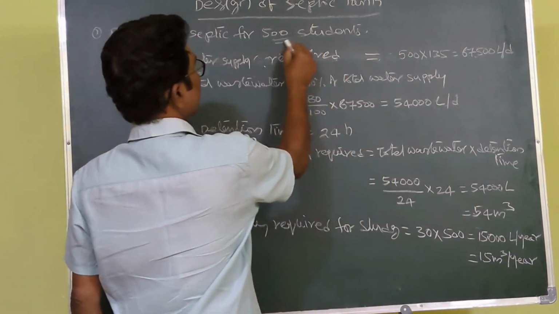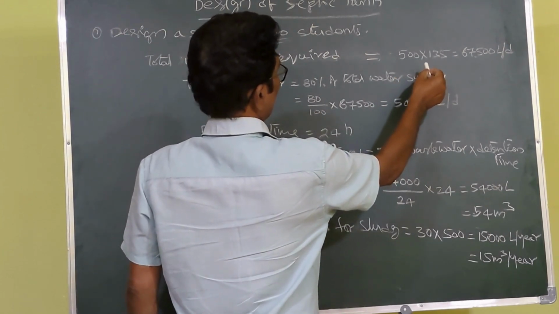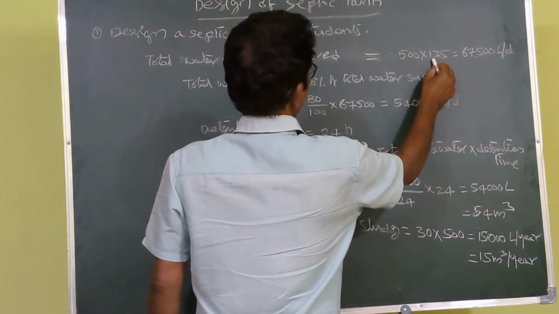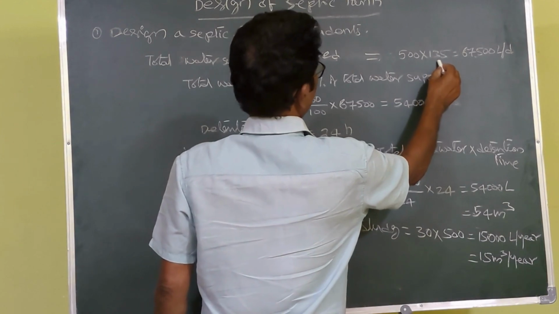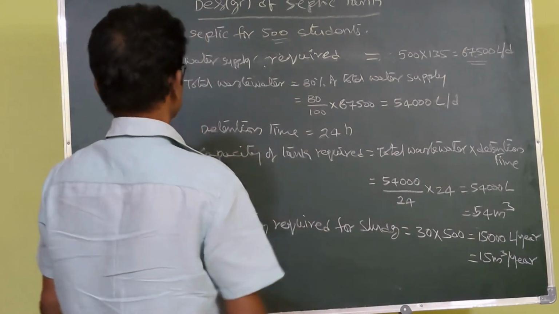We know that there are 500 students, and for one student the water supply is 135 liters. Therefore you multiply 500 students by the per person water supply of 135 liters, which equals 67,500 liters per day.